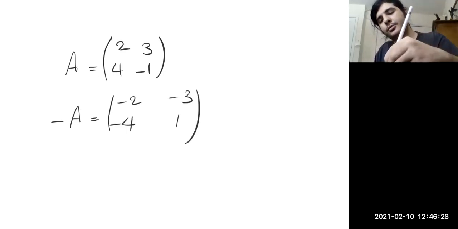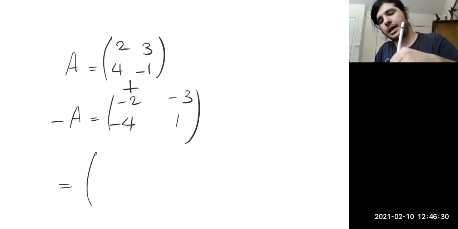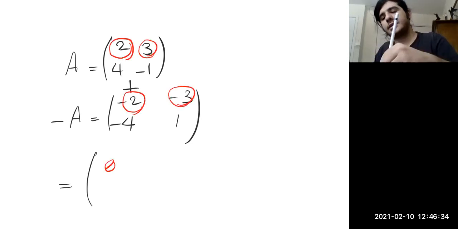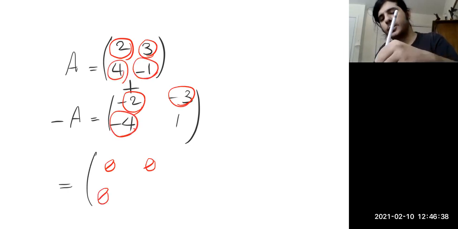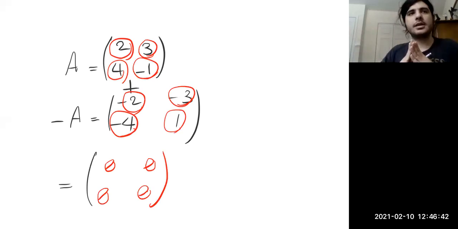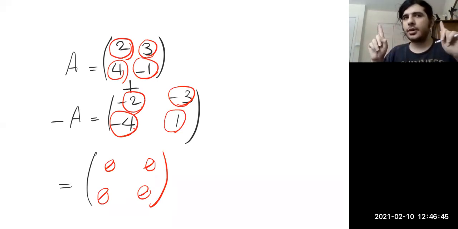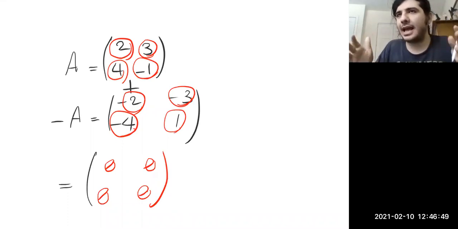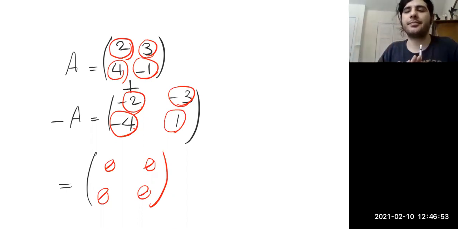If we add these two matrices, we add 2 with minus 2, we get 0. 3 with minus 3, we get 0. 4 with minus 4, we get 0. Minus 1 with 1, we get 0. So that's how it works. There are four other properties you should check. You can check them all. They're all as easy as what I did here. There is no surprise there.